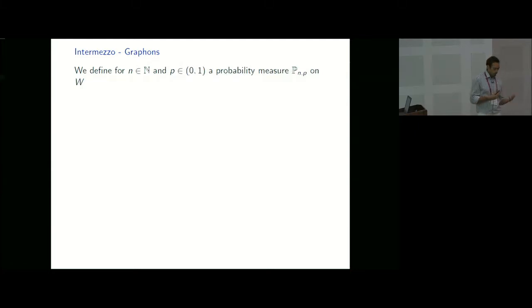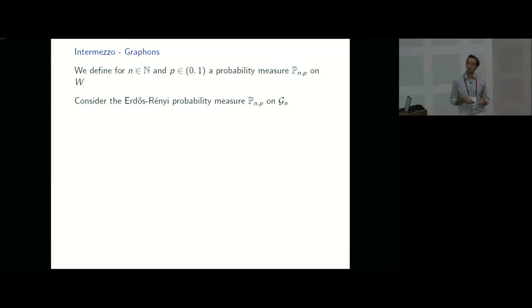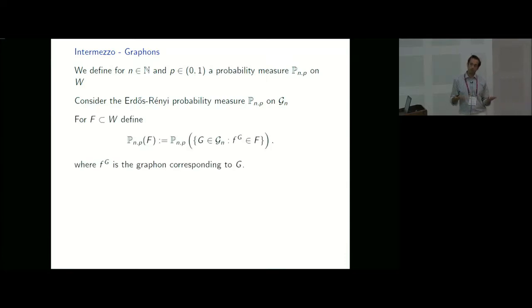And now we are ready to show the large deviation principle on this space. You define a probability measure on the space of graphons by using the Erdős-Rényi probability measure on the space of graphs. How do you do that? For a set F in the space of graphons, you just define this probability measure.